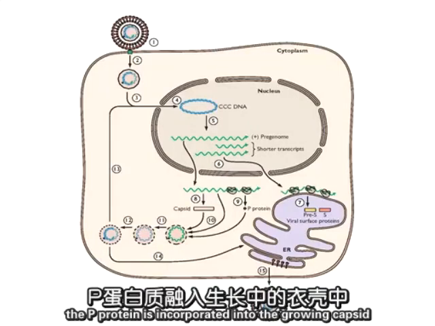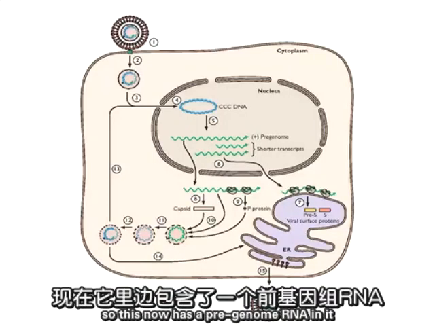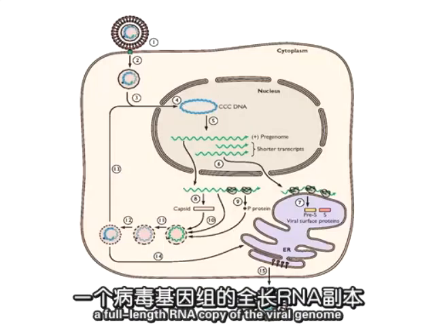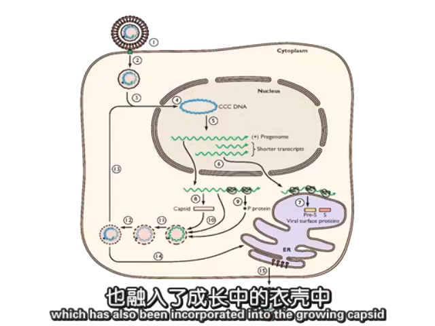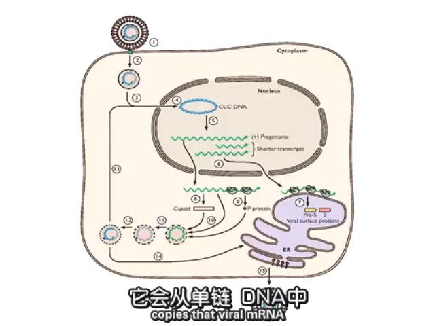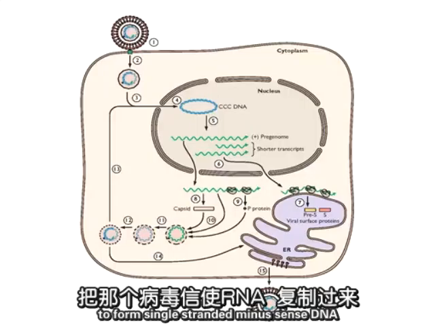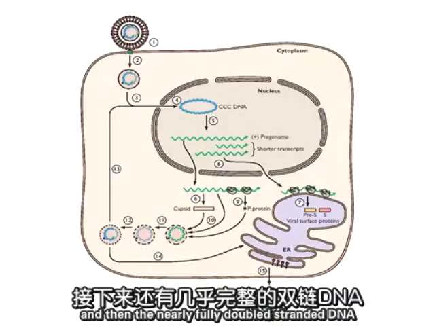The P protein is incorporated into the growing capsid, so this now has a pre-genome RNA in it, a full-length RNA copy of the viral genome. The reverse transcriptase activity of the P protein, which has also been incorporated into the growing capsid, copies that viral mRNA to form first single-stranded minus-sense DNA and then the nearly fully double-stranded DNA.